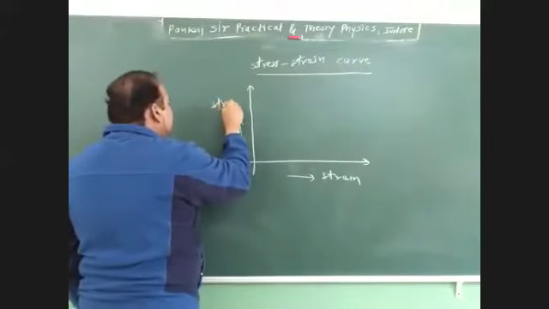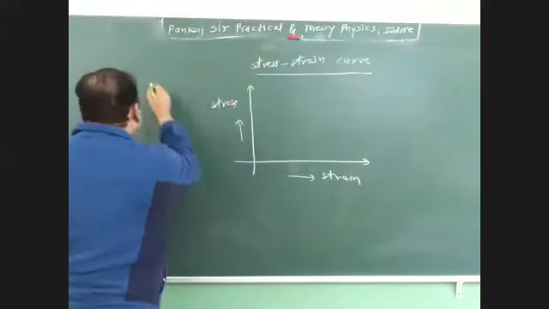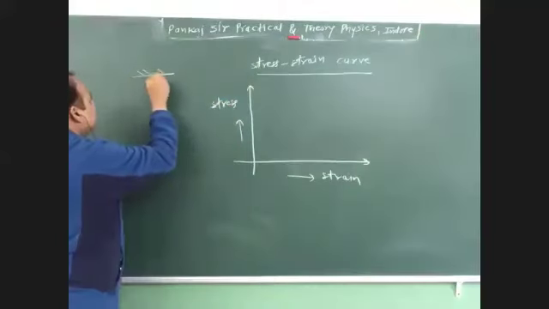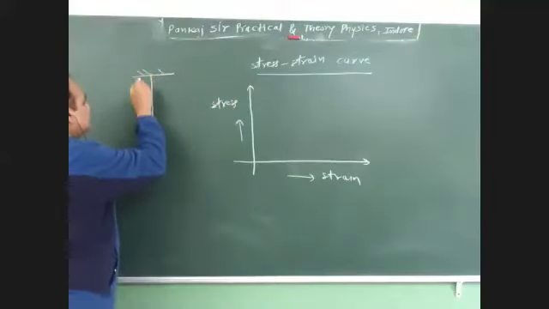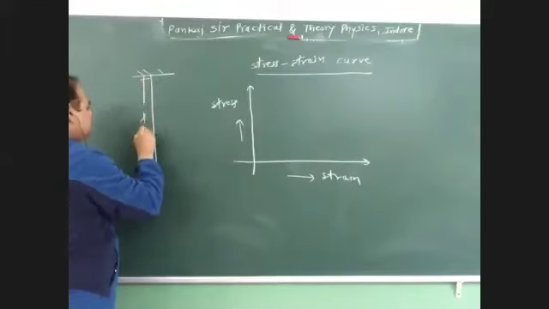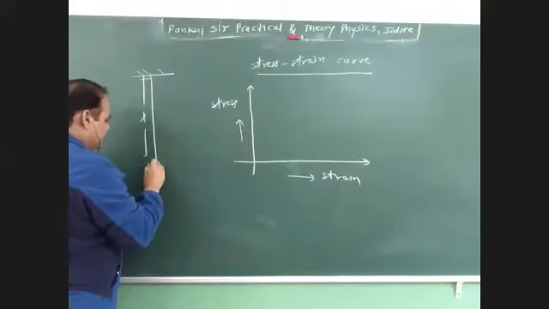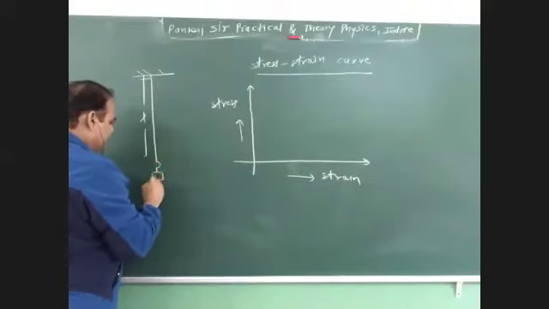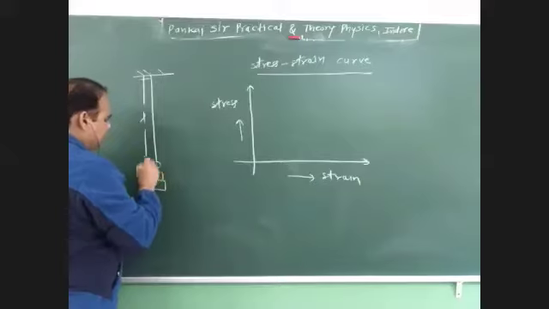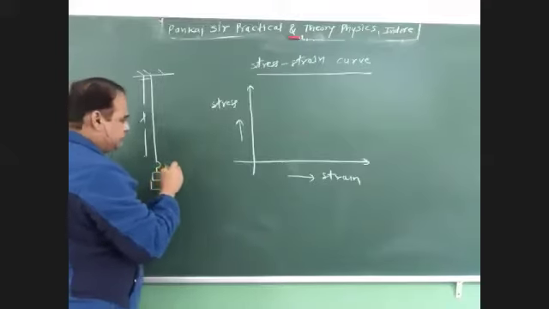Stress, you know very well, is the force applied. So here we have a wire of length, suppose small l, and here at the end, a load is hanging. Load is hanging means we are applying force.